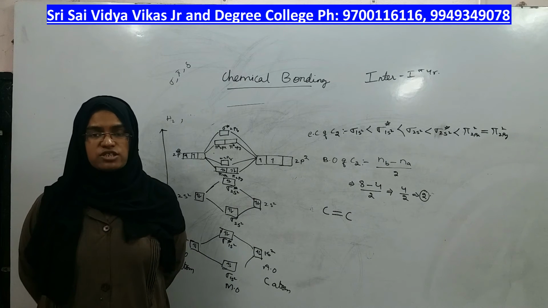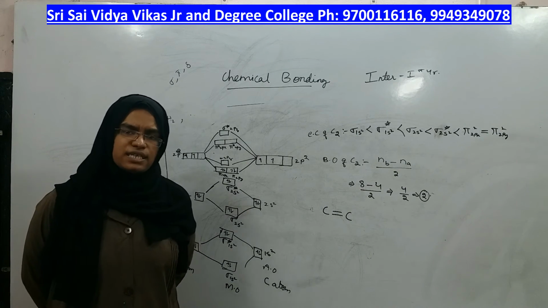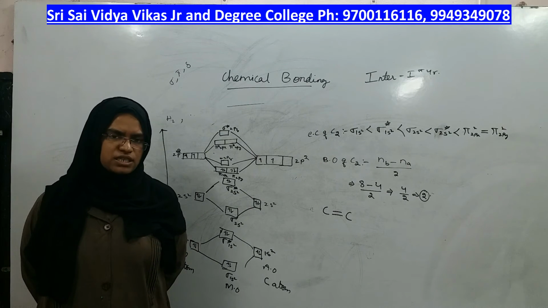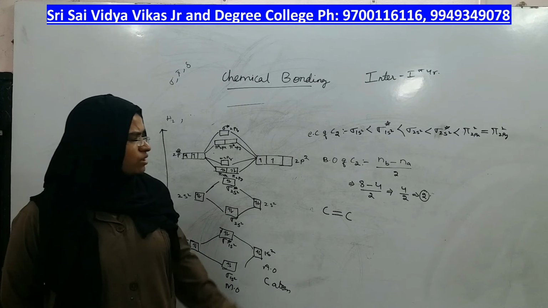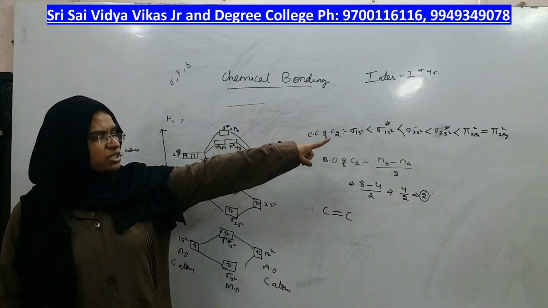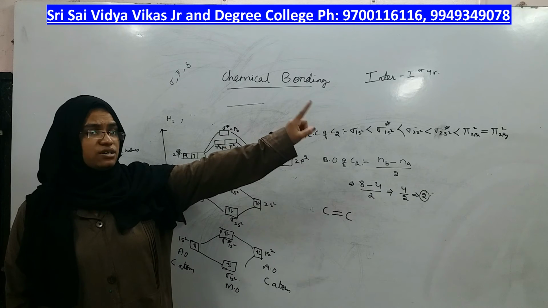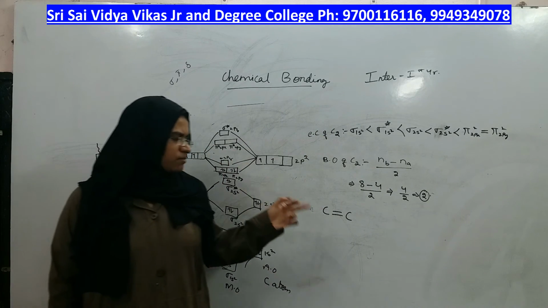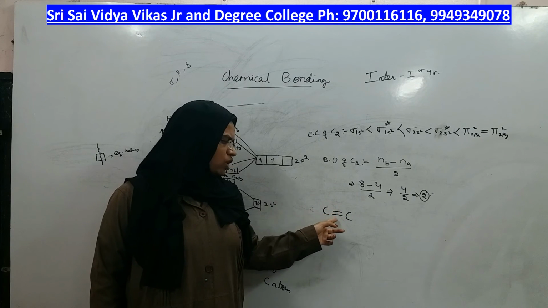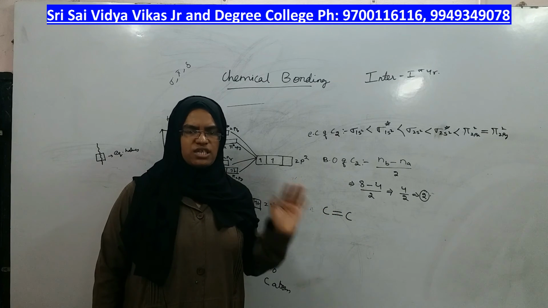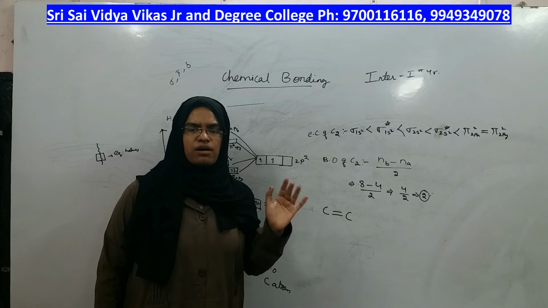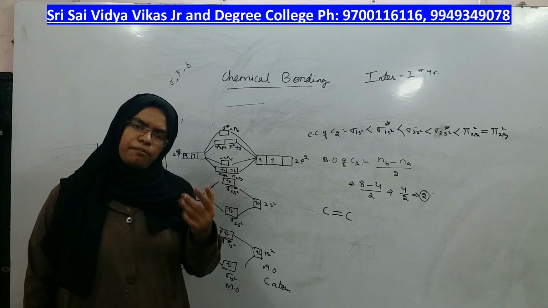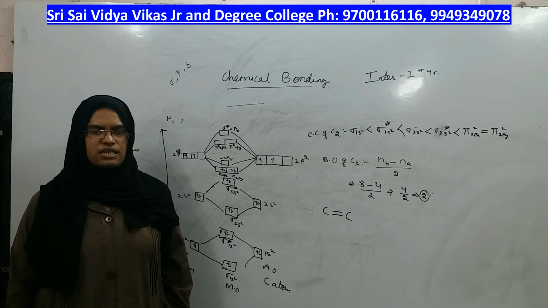But the first bond which is formed is always a sigma bond. Then only the chances of a pi bond start, right? But in this molecule, you see where the electrons are present in the last orbital. The electrons are present in the pi orbital. That means in the carbon molecule, the 2 bonds are pi bonds itself. There is no sigma bond in the carbon molecule. Both the bonds which are present are pi bonds only, not a sigma bond.